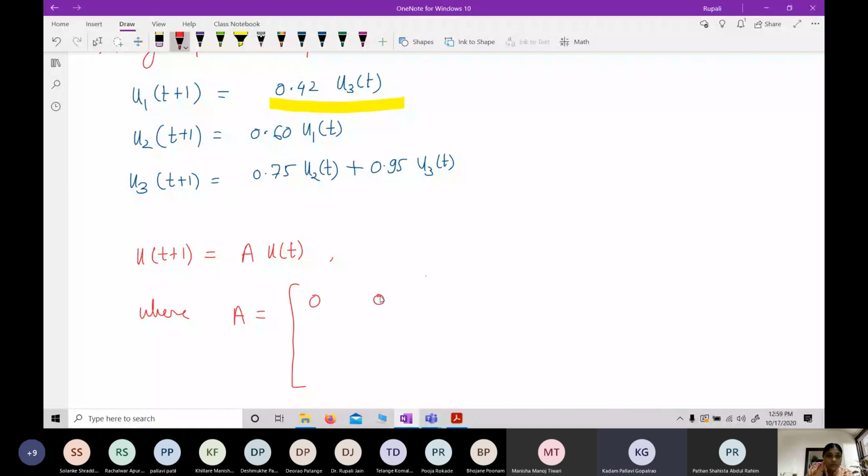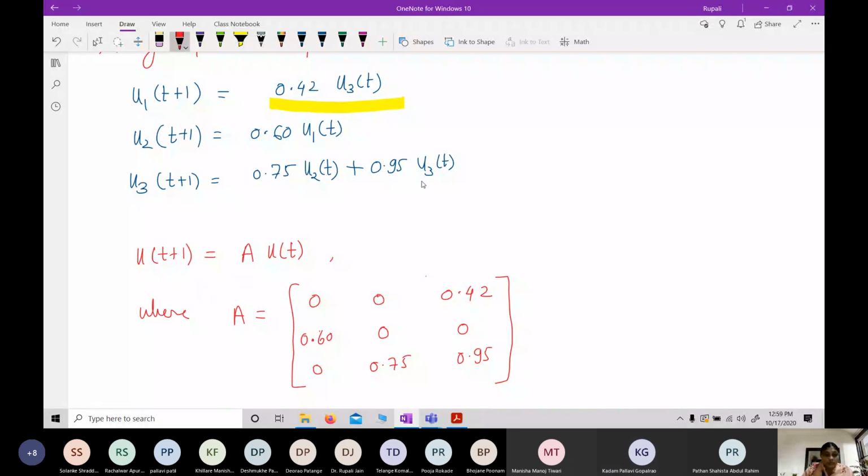So 0, 0 and 0.42. Yes. And second equation, how I can write? 0.60. Second is 0, third is also 0. And here first 0, then 0.75, 0.95. What is my u_t? u_t is nothing but u1t, u2t, u3t. Is that okay? Yes, ma'am.